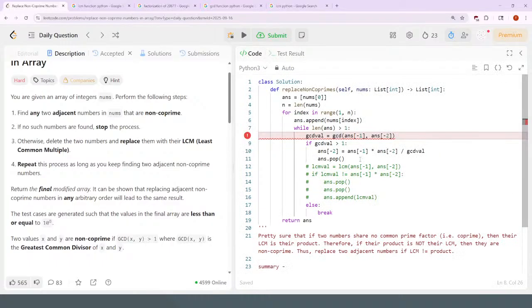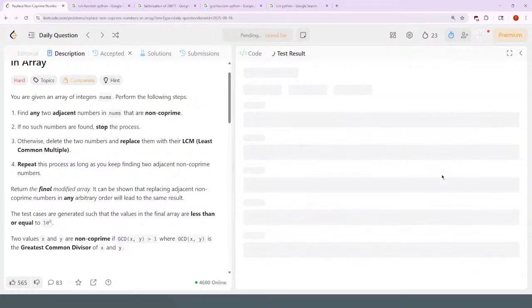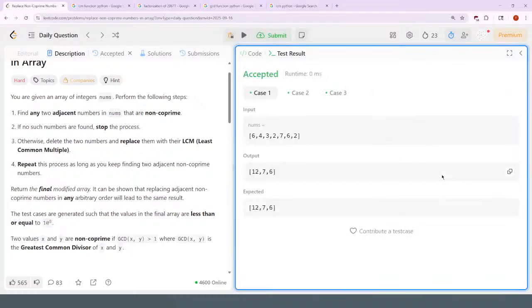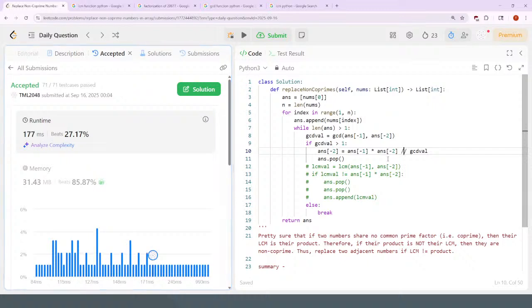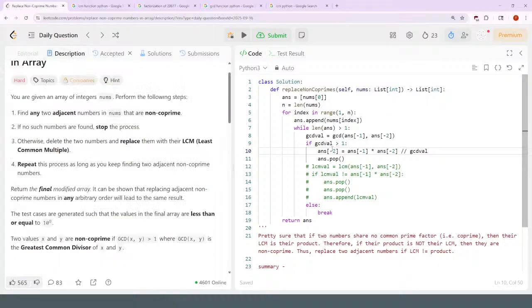Oh, it's because I did division like this. I see. Because I did the float division kind of. See if this is any faster. I have my doubts. Slightly faster, I think. It was like 20% before. Not noticeably.